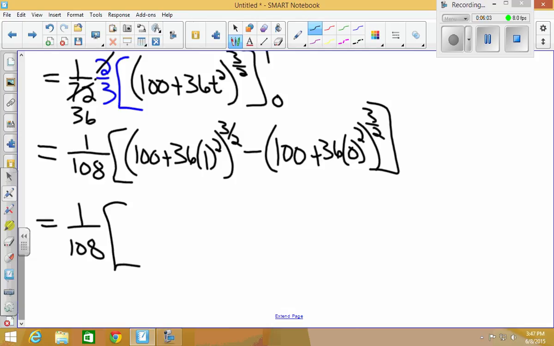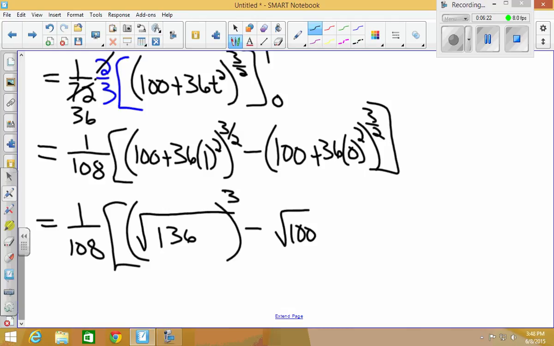The 3/2 power is the same as the square root cubed. 100 plus 36 is 136. So we get the square root of 136 cubed, minus 0 squared is just 0. So thankfully this is just minus the square root of 100 cubed.